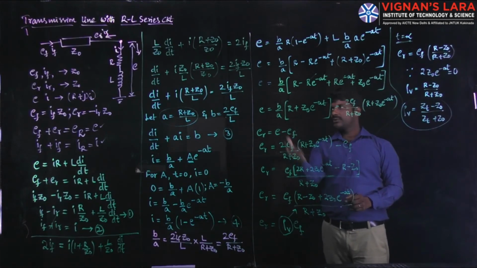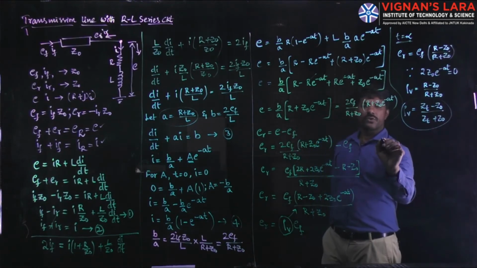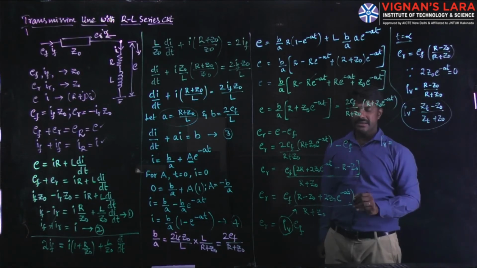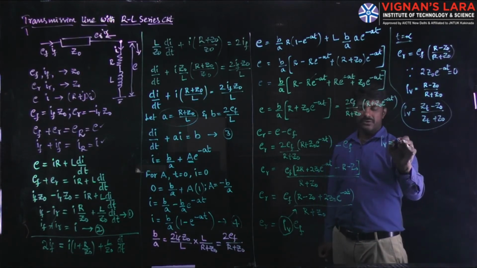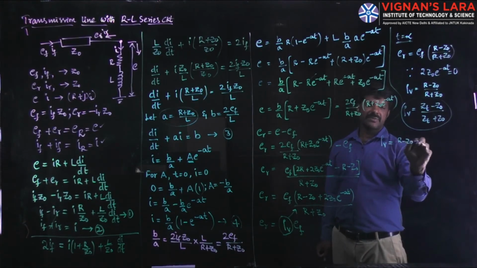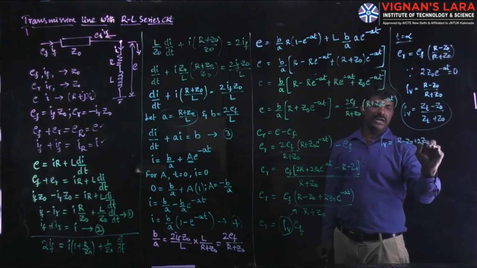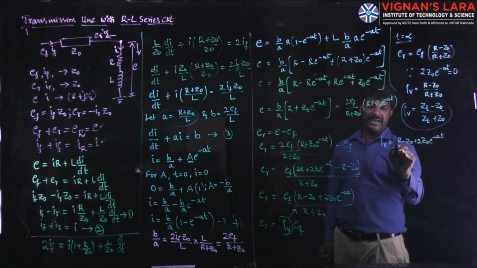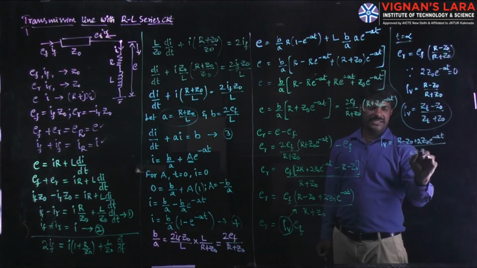So going through this, the value of rho v exactly at transient condition is R minus Z naught plus 2 Z naught e to the power minus at by R plus Z naught.